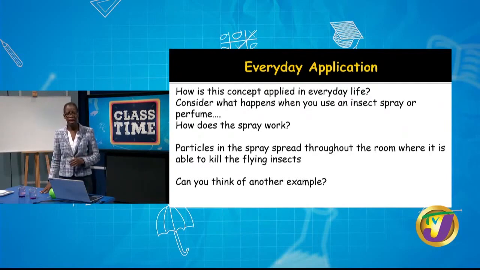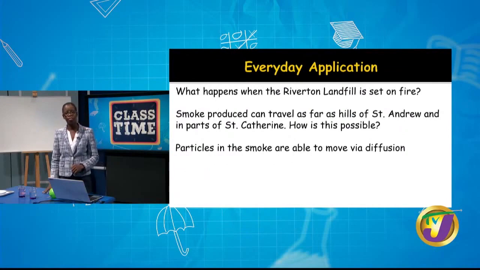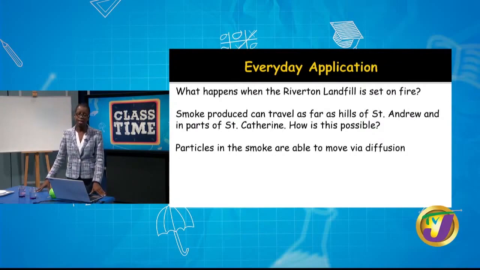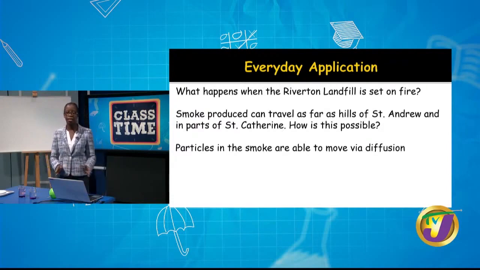Can you think of another example? One that is relevant to you? Okay, let's see. What about what happens when the Riverton landfill is set on fire? Now, in most cases, persons living in the hills of St. Andrew or other places, even in St. Catherine, can actually be affected by the smoke.